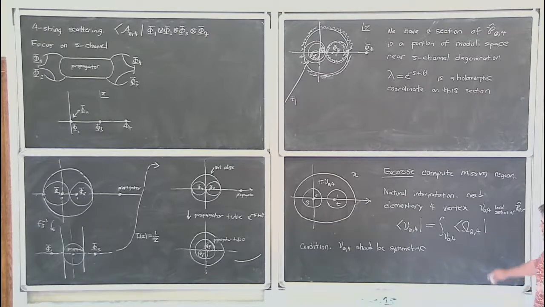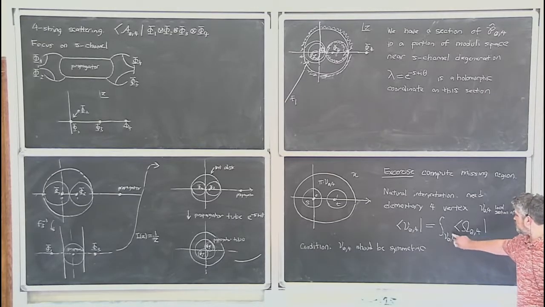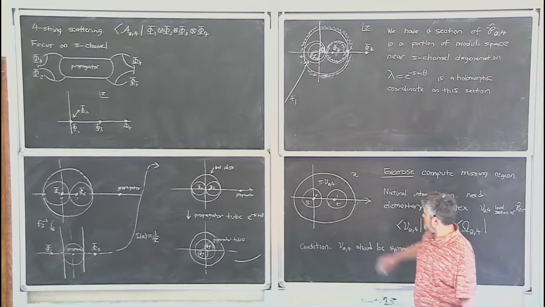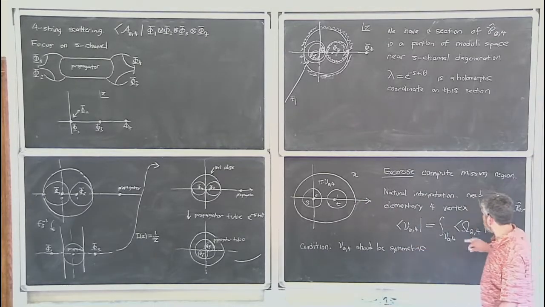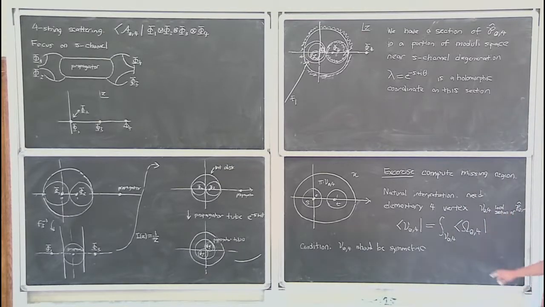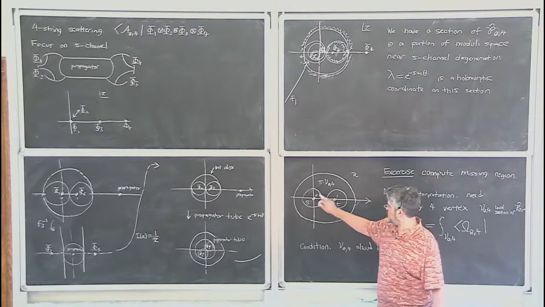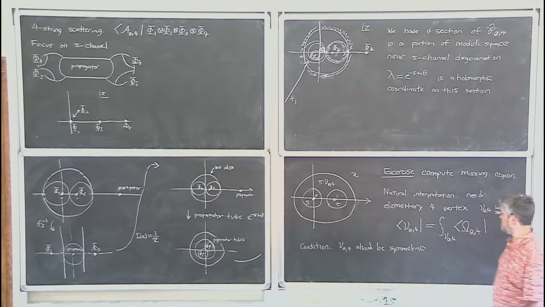So this is the explicit realization of that. If this V04 was in fact a global section of P hat 04, then this would be the full off-shell 4-point amplitude. But instead, we've cut out some regions here towards the boundary of moduli space.